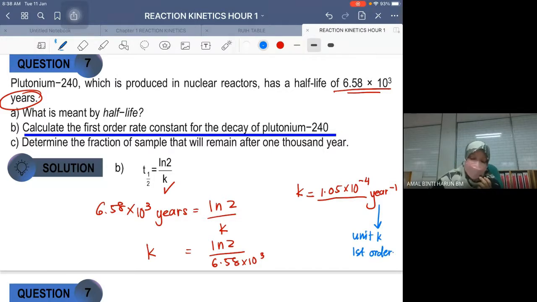Okay. So remember that kalau dia tak mention it is first order, that's okay. Tapi asalkan you jumpa dia adalah radioaktif ke? Radioaktif ke kita panggil ni? Lupa dah fizik aku. Dia mestilah first order.